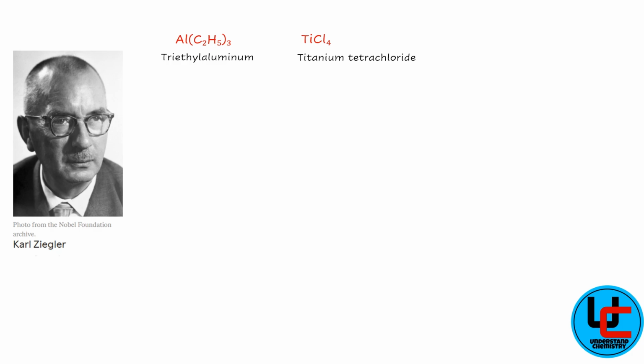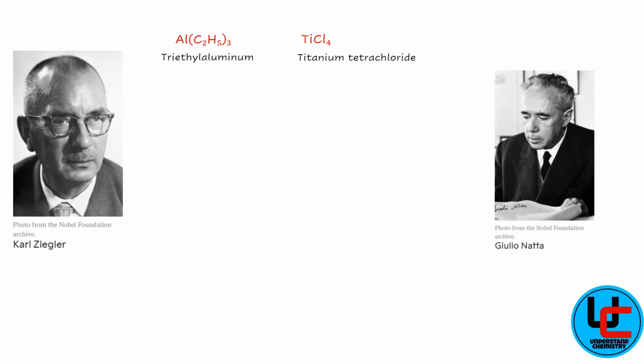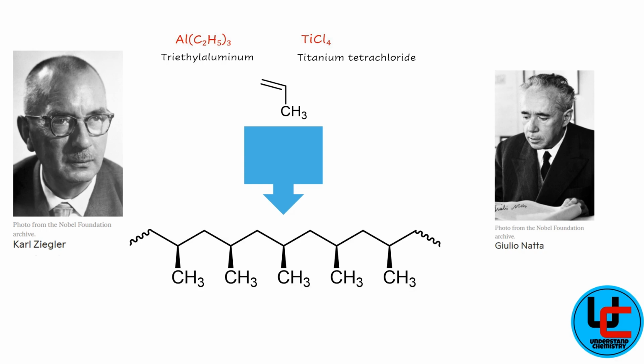Later appeared another chemist from Italy, Giulio Natta. Inspired by Ziegler's work, he applied similar catalysts to polymerize propylene. He discovered that the catalyst could control the stereochemistry of the polymerization process, as it was designed to favor the insertion of propylene monomer in a way that maintains the same spatial orientation of the methyl group, leading to the formation of isotactic polypropylene, where all the methyl groups are arranged on the same side of the polymer chain.